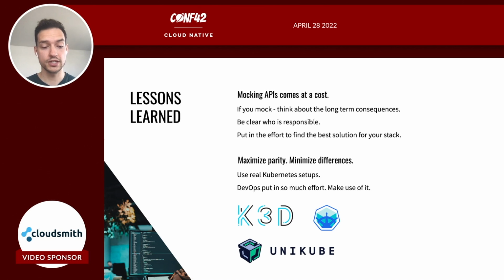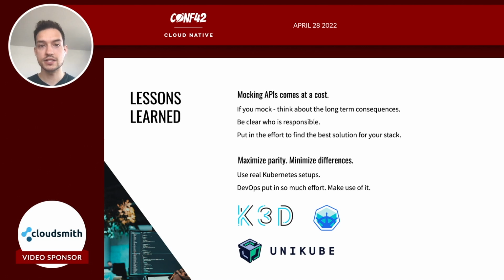We are pretty much convinced that our DevOps people are super awesome guys, and they put in so much effort in writing the Kubernetes description files, like the Kubernetes manifest, or maybe Helm charts, or Kustomize. Why not make use of this really great result they created for our other developers for their development setup?